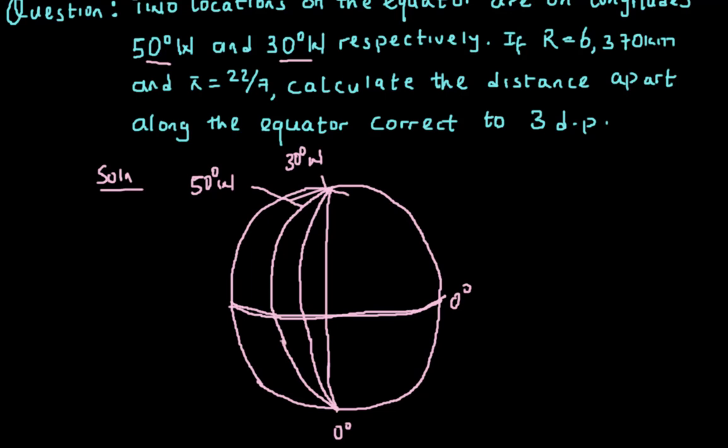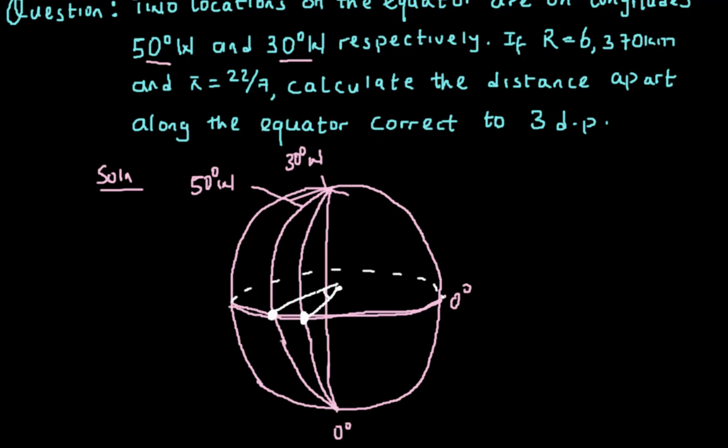Now remember, both points are on the equator. So if we want to represent these 2 points, we'll be having one here and the second one here. Do you understand? So if I want to complete this circle, I'm going to be having the other parts go like this. Does this make sense? And if this is the middle of the circle, the radius will be somewhere here.